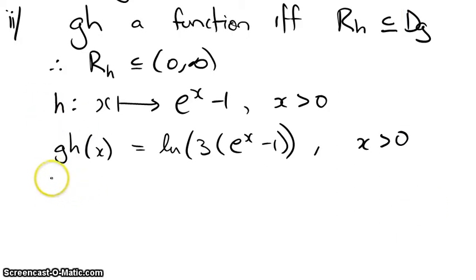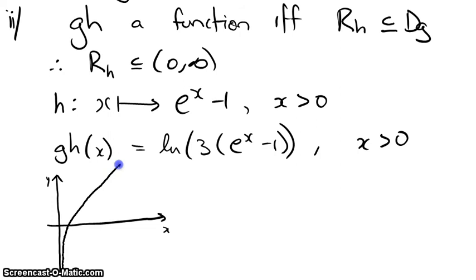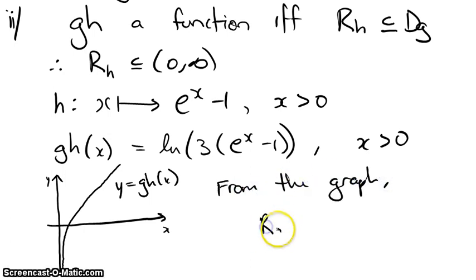So the graph, if we want to sketch it, would look something like this, where x equals 0 is an asymptote, and it grows and then goes linear. So this is y equals gh of x. From the graph, the range of gh is equal to any real number, positive or negative. And so that brings us to the end of question 1.